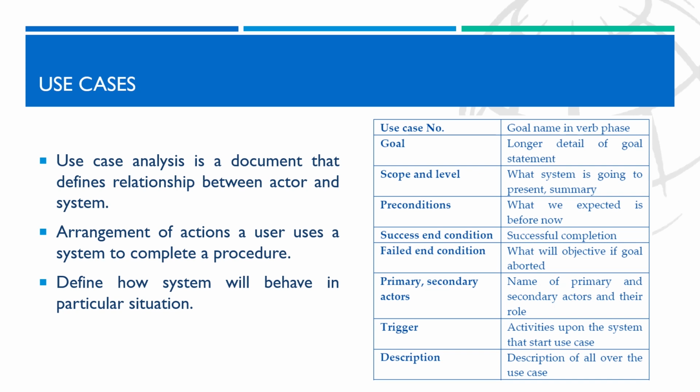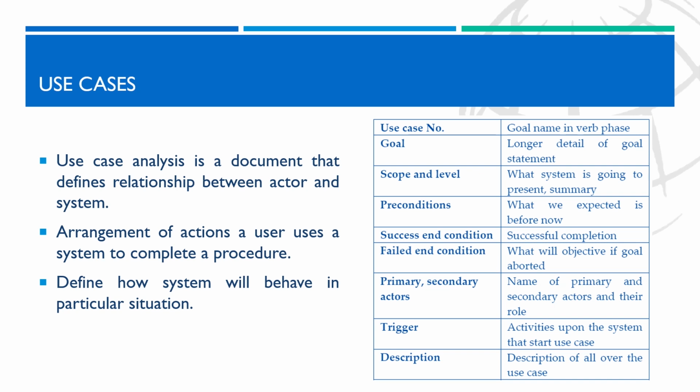A use case will be successful when its goal is satisfied. Use case description is also included in use case analysis. Use case steps are written in an easy and understandable format.